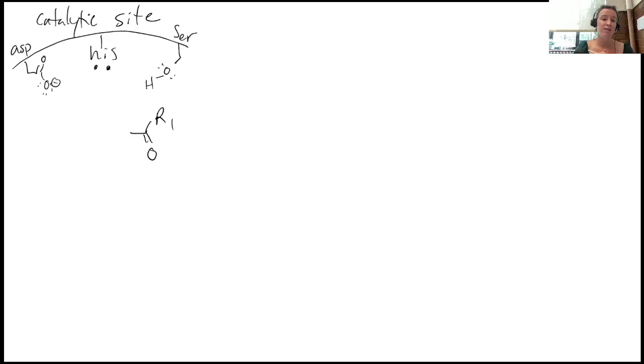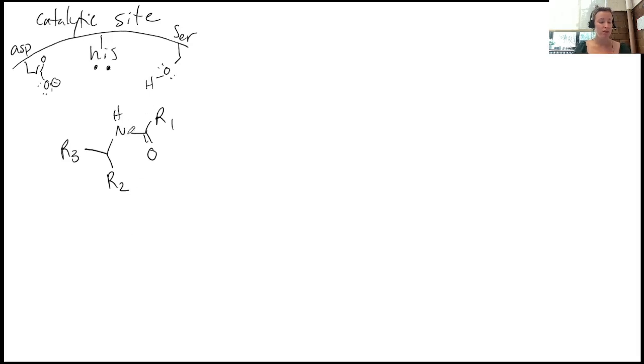And here is the first C terminus, then an N terminus, and then our alpha carbon, and then I'm just going to draw R3 as the continuation of this peptide, and then R2 here would actually be the R group coming off of the amino acid. So this is a simplified peptide, folks.